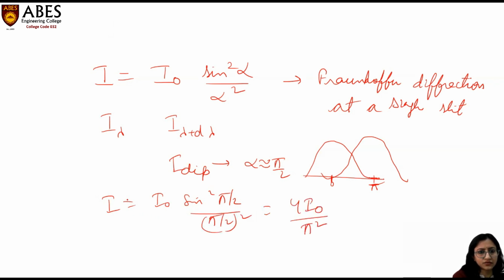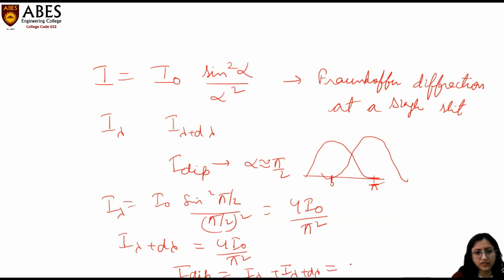This is the intensity due to, say, lambda. Likewise, for d lambda also we find the same intensity. The resultant intensity at the dip will be the summation of both these intensities, so this value turns out to be 8 I naught by pi square.